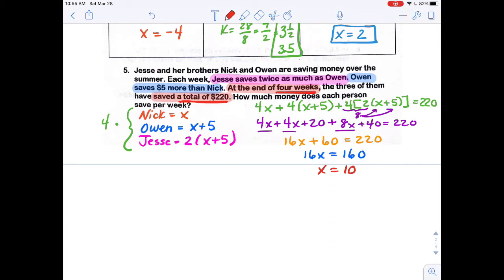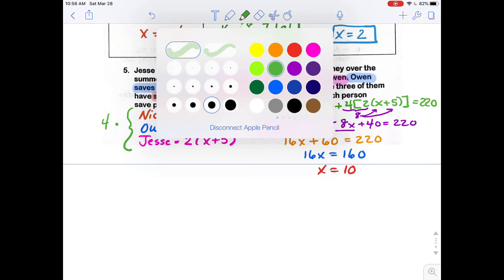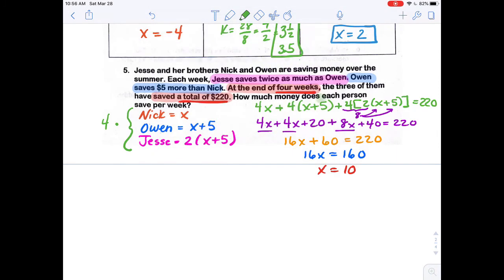Now again, look at your question. Your question states right there, they want to know how much does each person save per week. Not after 4 weeks, but per week. That's when you're going to have to go back and actually write it out. Nick was just x, which is your $10.